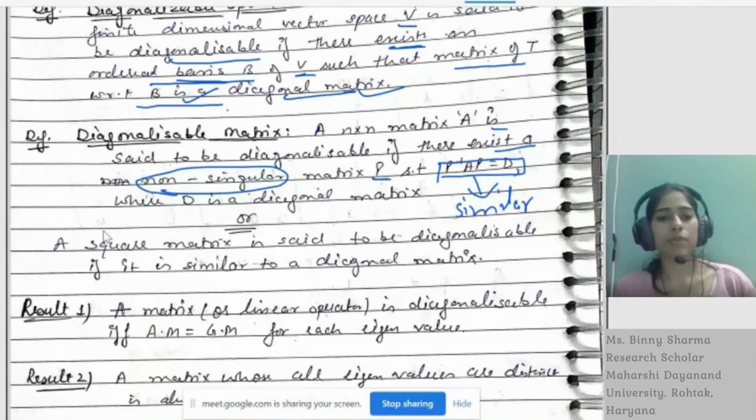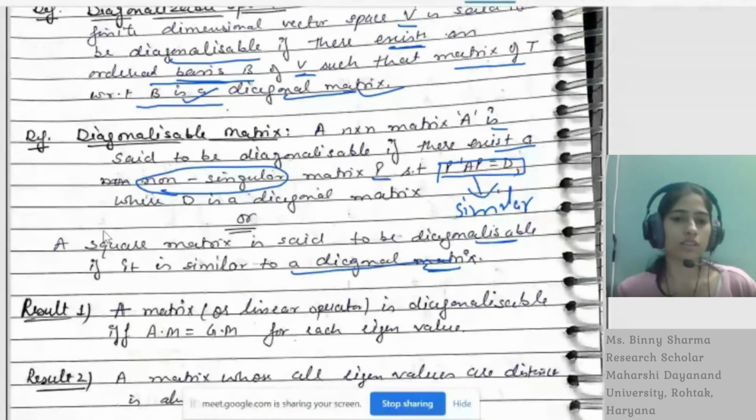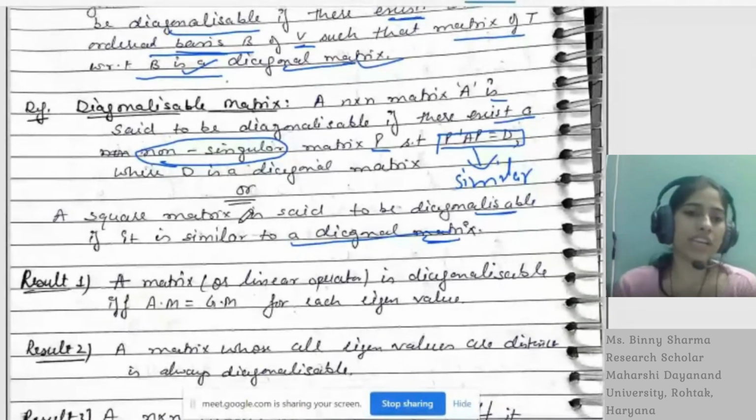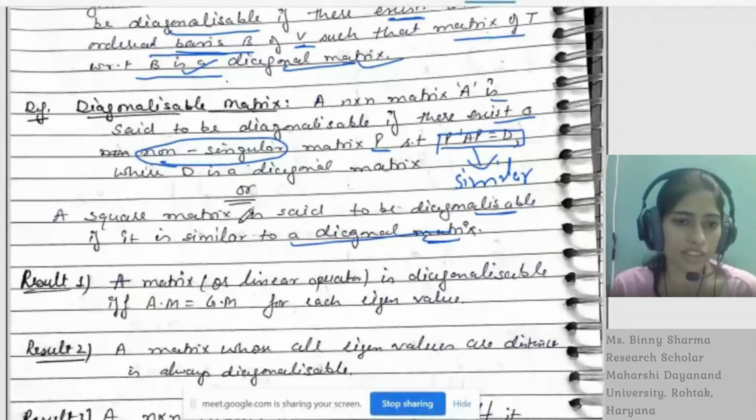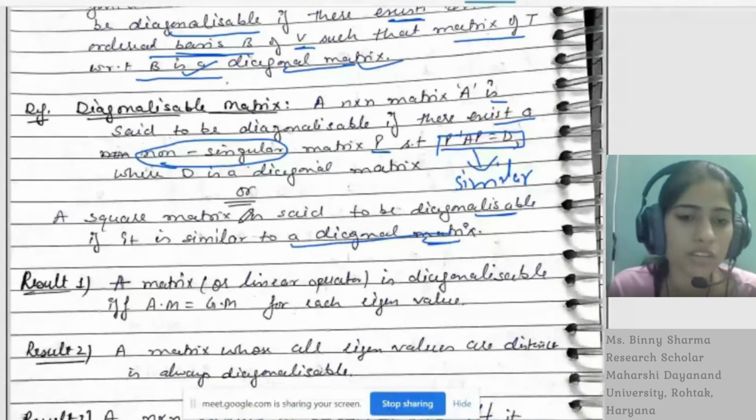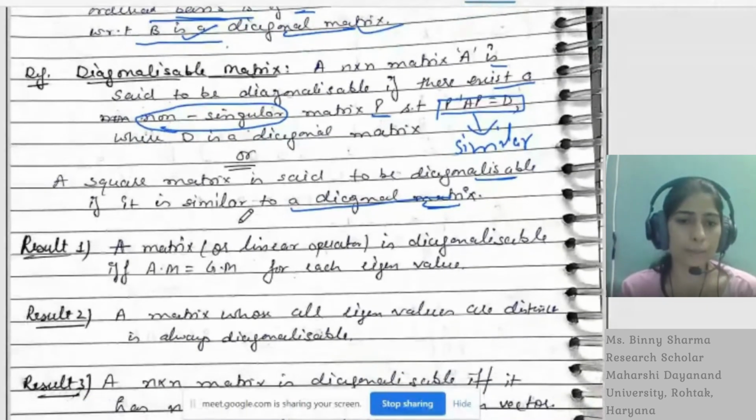It means a square matrix is said to be diagonalizable if it is similar to a diagonal matrix, otherwise it is not.